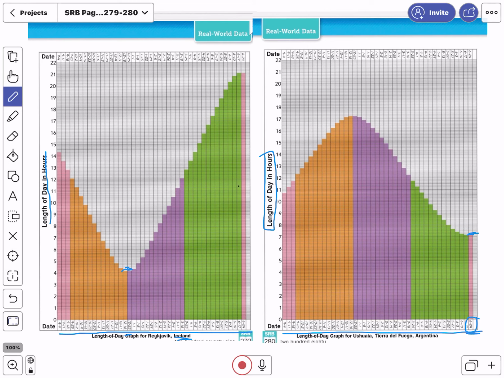Now let's look at the longest hours of sunlight. In Iceland, which day or days have the longest amount of sunshine? All the way up here with about 21 hours of sunshine. Can you imagine?